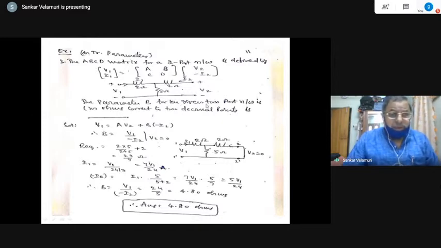The parameter B for the given two-port network, in ohms correct to 2 decimal places, is what? So I repeat the statement of the problem. This matrix substitution need not be given, but let us see. The ABCD matrix for a two-port network is defined by V1, I1, ABCD, V2, minus I2.